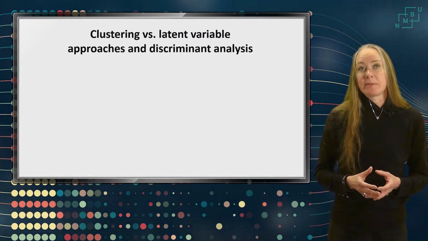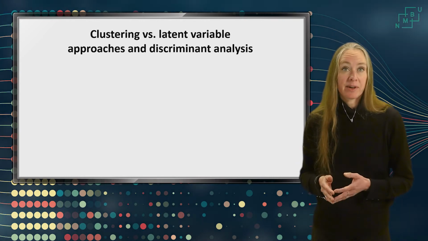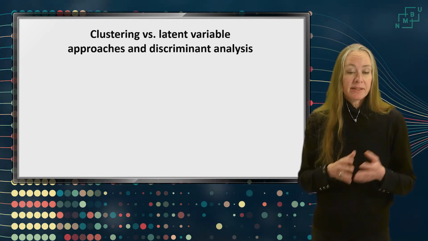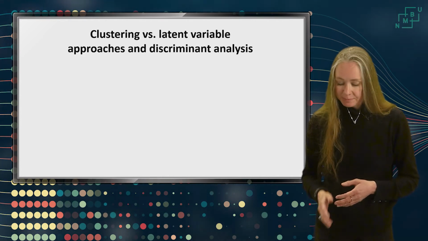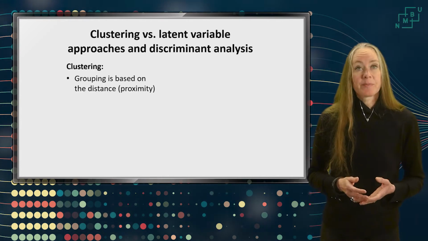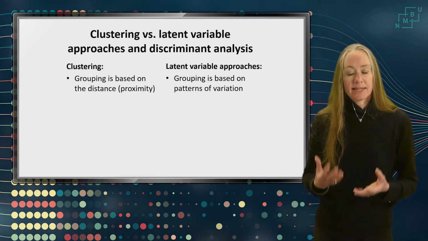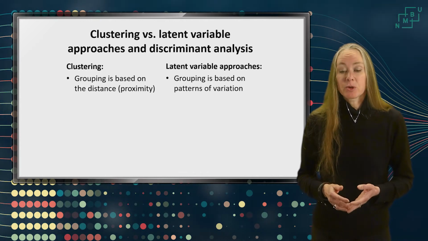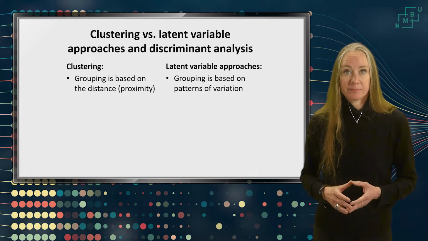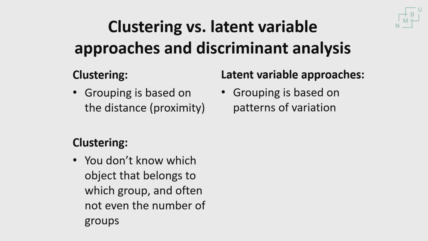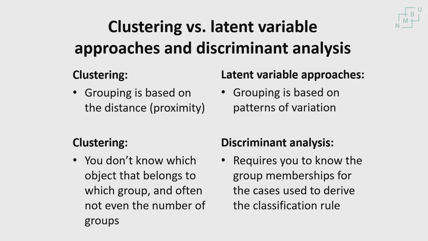I'll now say a little bit about the differences between clustering and latent variable approaches, such as PCA, and the differences between clustering and discriminant analysis. In clustering, the grouping is based on the distance or proximity between the samples, while in latent variable approaches, such as PCA, the grouping is based on patterns of variation in the data. In clustering, you don't know which objects belong to which group, and often not even the number of groups. While discriminant analysis requires you to know the group memberships for the cases used to derive the classification rule.